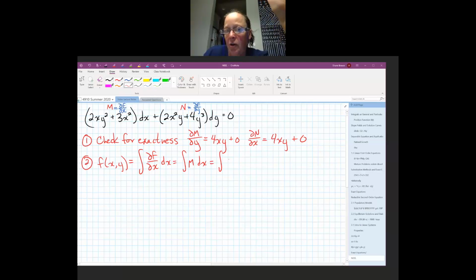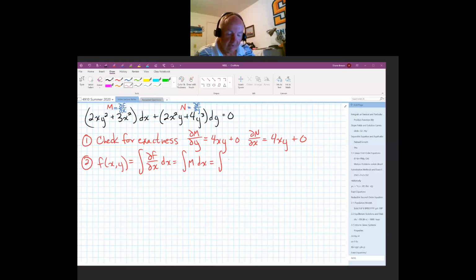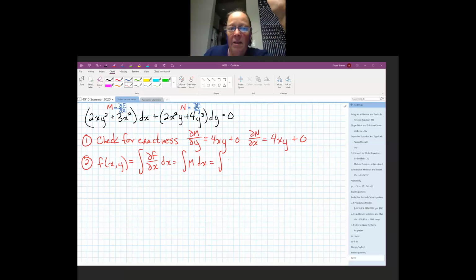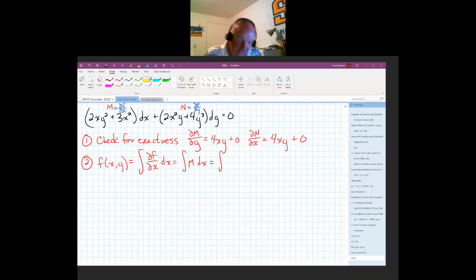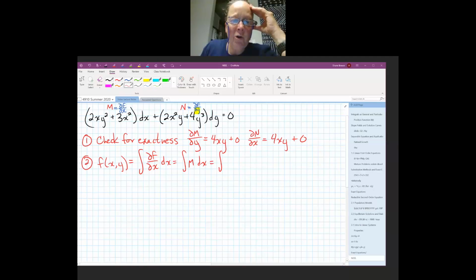But you could integrate n, right, if you wanted to. Let's say the integral of n were easier. But you could if you wanted to, right? Yes, but what would you integrate with respect to? Y. That's right. That's the only thing you got to remember is all of that stuff switches. Right. Yep. And that's okay.